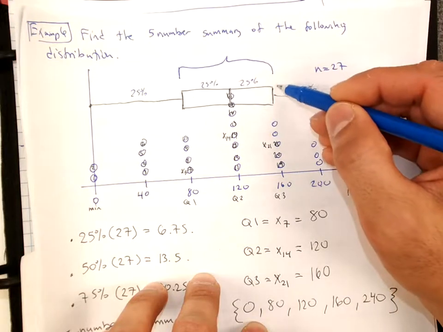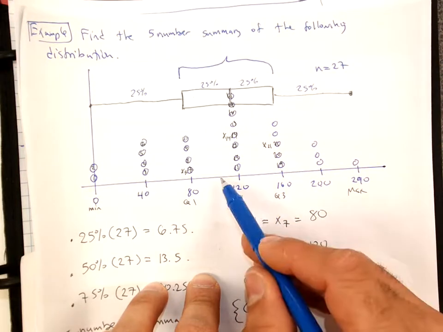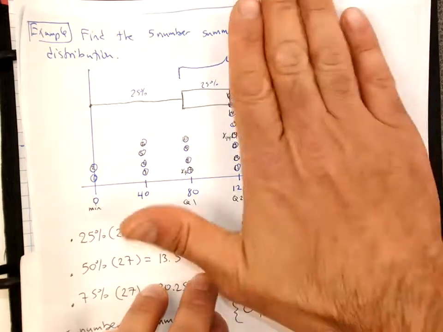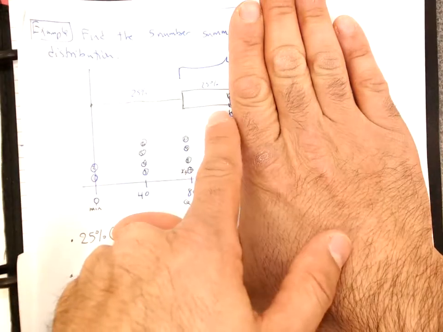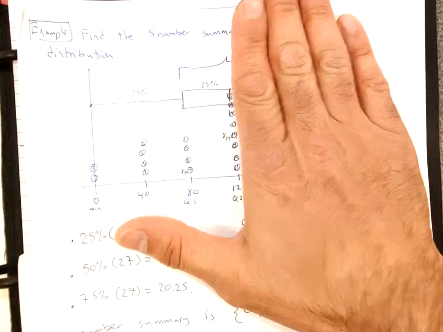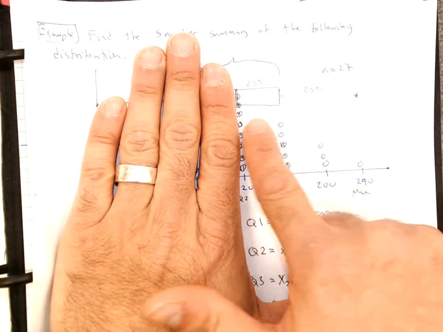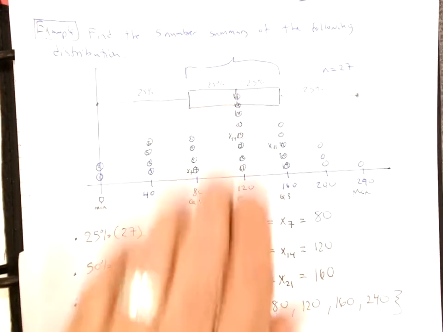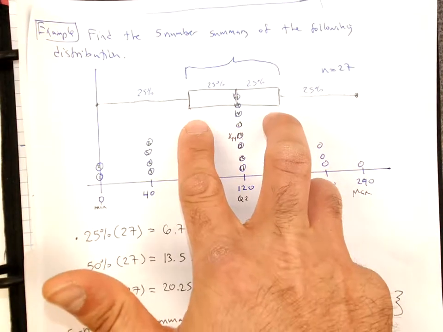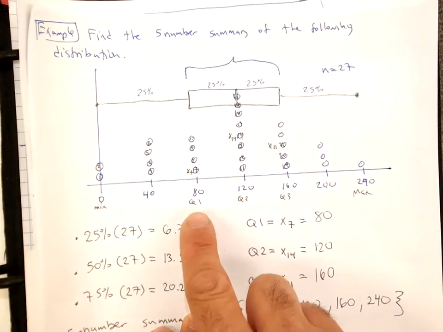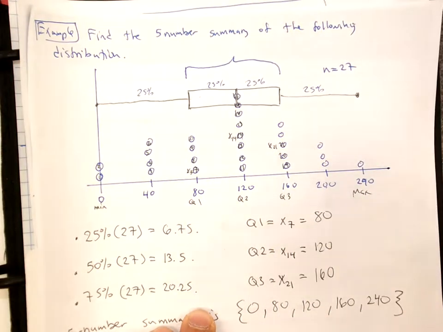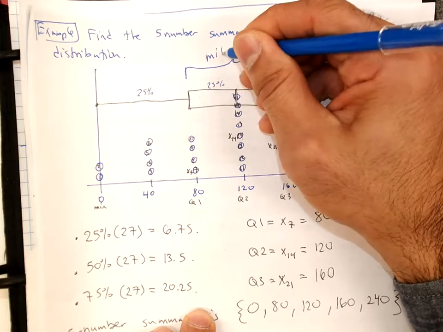And in particular, it's the 50% of the data that's in the middle. This is 50% of the data as well, but it's the bottom 50%. This is also 50% of the data, but this is the top 50%. This is the middle 50% from here to here. In other words, from Q1 to Q3 is the middle 50%.